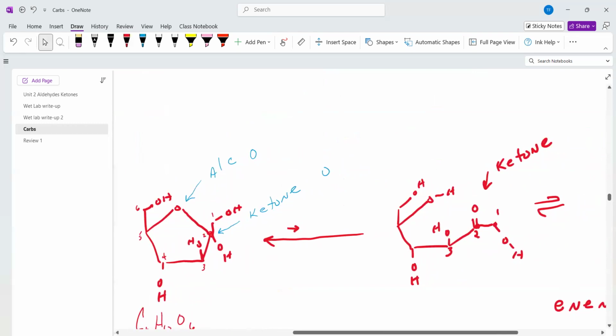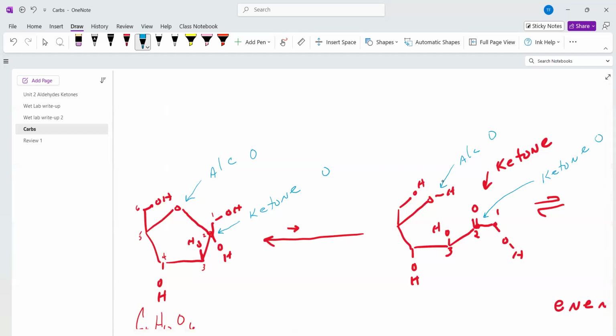Okay, so now this can also be alpha or beta. In this case, this is the alpha fructose.